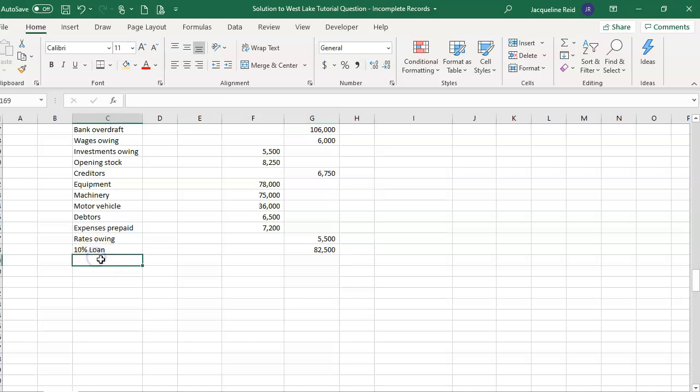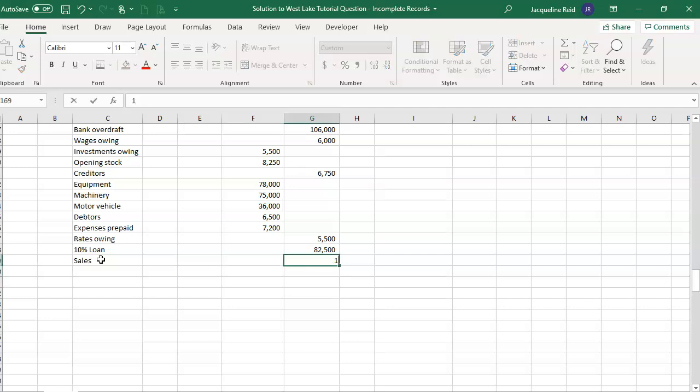So we're going to put in our sales figure, which is made up of credit and cash sales. And that goes in the credit column because it is income. 119,950. And then our purchases, and that purchases figure is expense, and so it goes in the debit column, and that figure was 60,300.